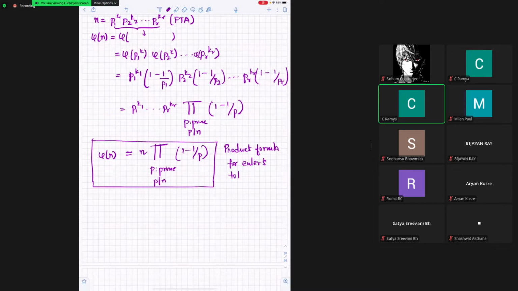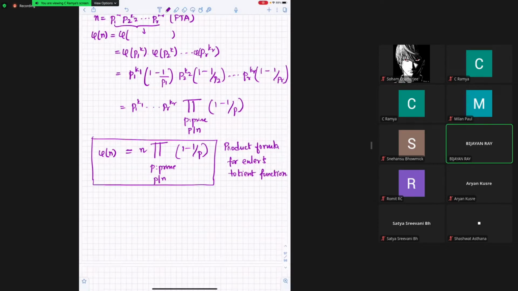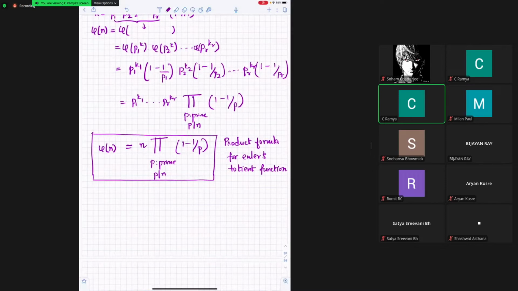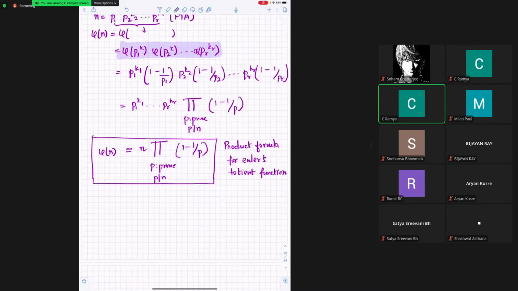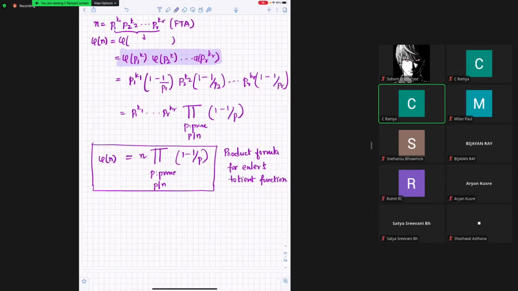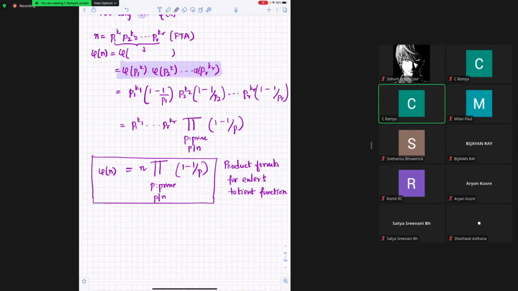But I used something here which we did not do. What is that? Multiplicativity. That you can actually write phi of p1 to the k1, p2 to the k2, and so on up to pr to the kr as phi of p1 to the k1 into phi of p2 to the k2, and so on. So what we did was apply phi independently to the factors.